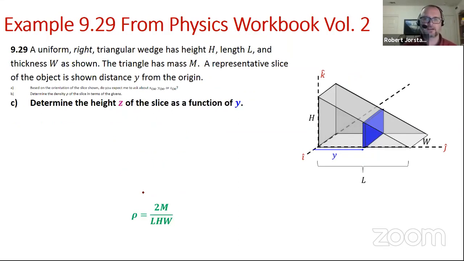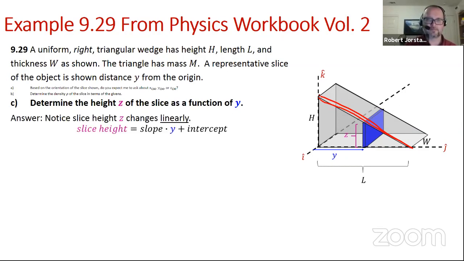Now if I want to get the height of the slice, by height of the slice I mean this thing right here that's blinking, I want you to figure out that height. I notice that this seems to be varying linearly. This is a line, right? So if that's varying linearly, I'm going to write down the equation of a line.